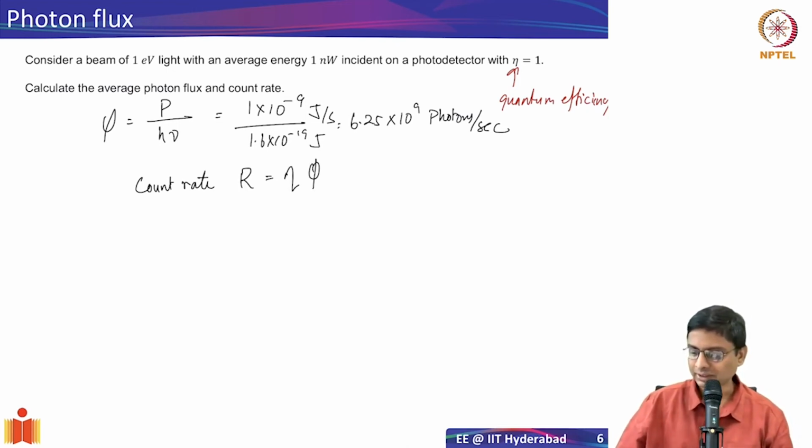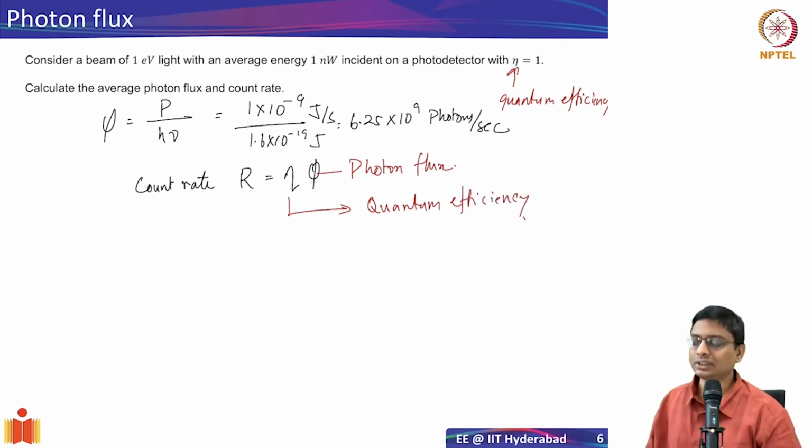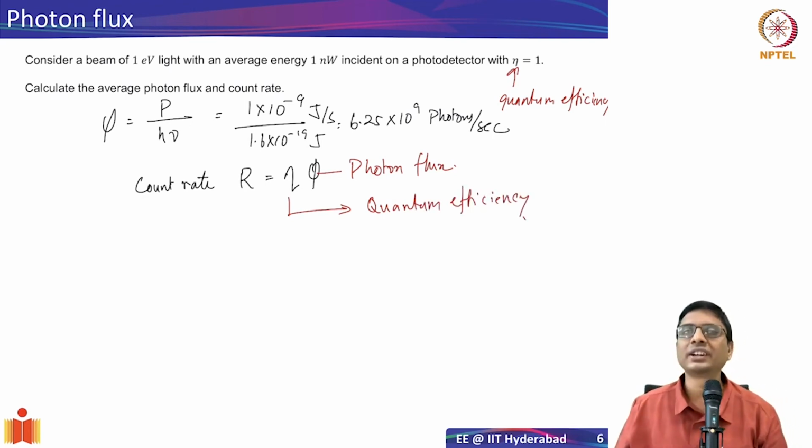Phi is my photon flux, and eta is my quantum efficiency. So your quantum efficiency has to be very high.